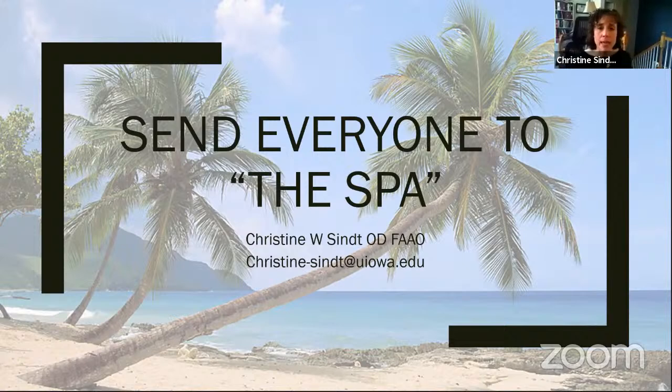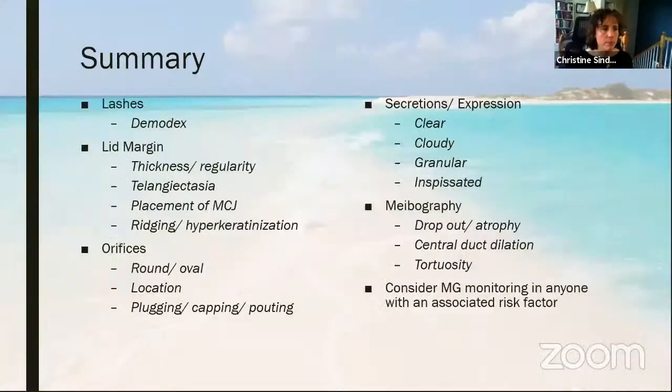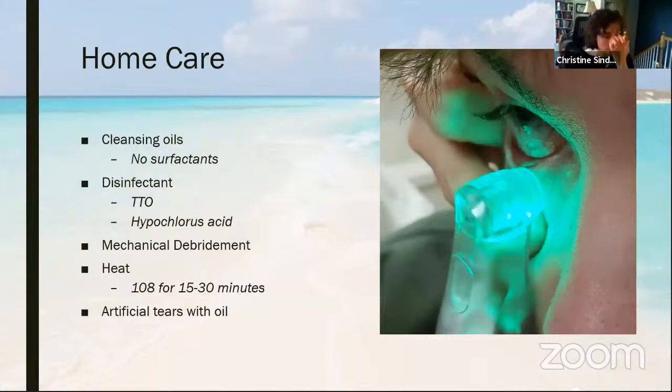I will in-house clean their eyelids off, and then take the time at that moment to explain to them what's going on. I will look for Demodex and things like that as well. And then I will send them home with the regimen that I outlined at the end of my talk. The big thing is just to keep those eyelids clean, scrape all that stuff off.